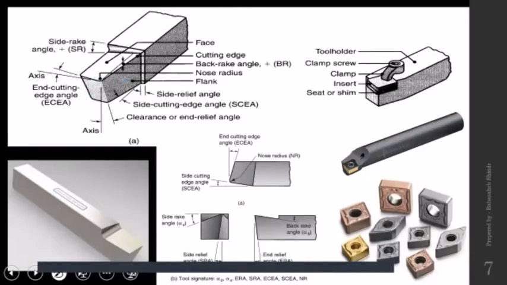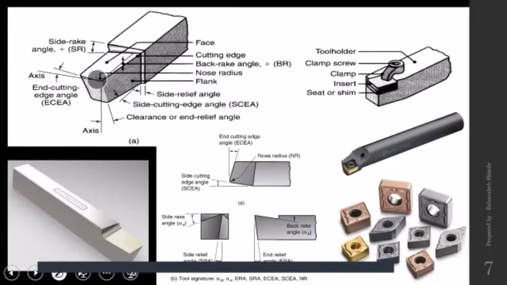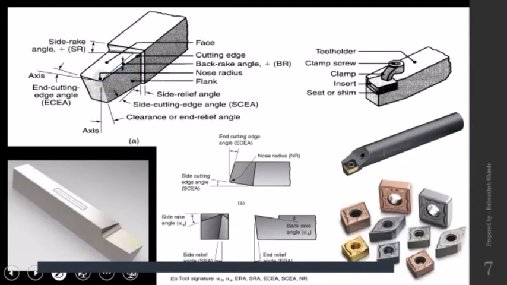Now, this top surface, rake face, as I mentioned, this is the highest point. If you go in this direction, it will go deeper and deeper. You can see over here, this thin line is the actual top surface, and compared to that top surface, this edge is at a certain depth.